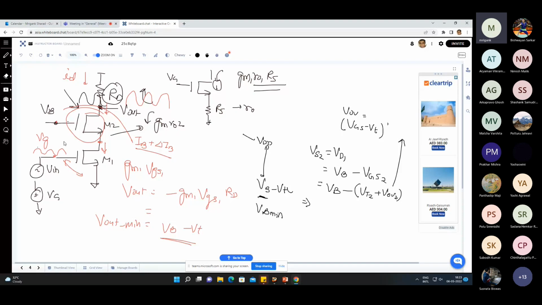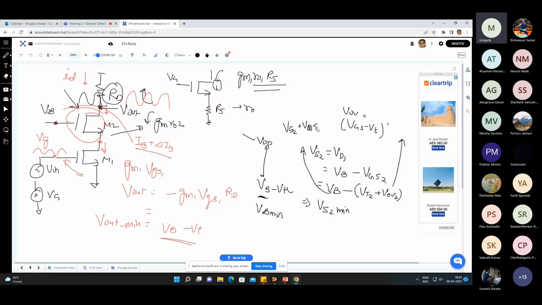That is one option. Now, before that, ultimately I need to find out what is the VS2 min. Because if I know the VS2 min, then I know what is the VB min, because VB is nothing else but VS2 plus VGS2.